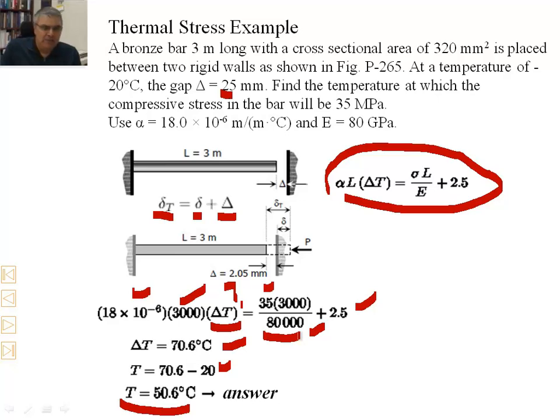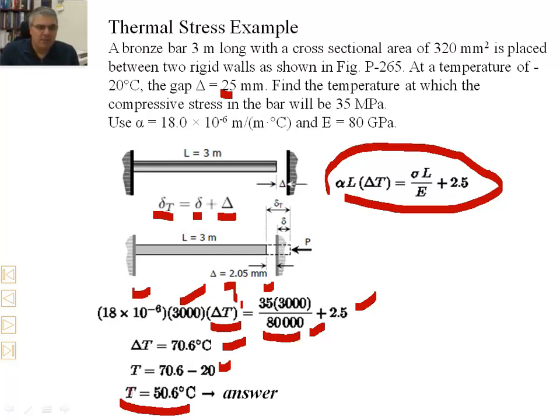Okay, so that would be a good example of the real application of this in real world problems. If you design a bronze bar as such, we already checked for the strength, so the member is okay under the application of loading, and then we want to make sure that since it's going to be subject to extreme temperatures, the bar performs accordingly.